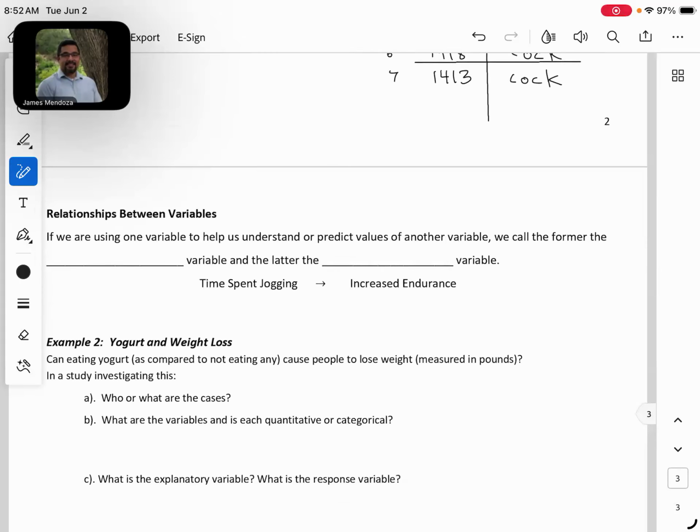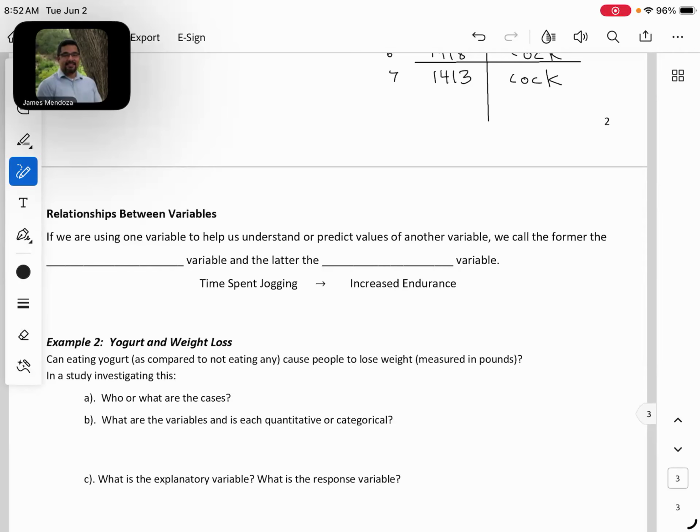Now, the last thing that we're going to do here, and then start to wrap up this lesson, is mention relationships. That's one of the biggest things that we're looking for in statistics: is this variable somehow related to this second variable? We are going to be getting into cause and effect once we get into experiments. Does this first thing cause this second thing to somehow change for better or for worse?